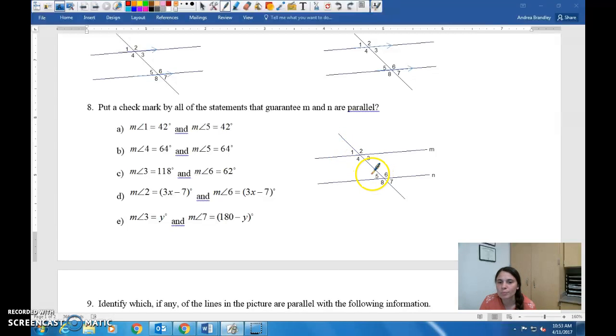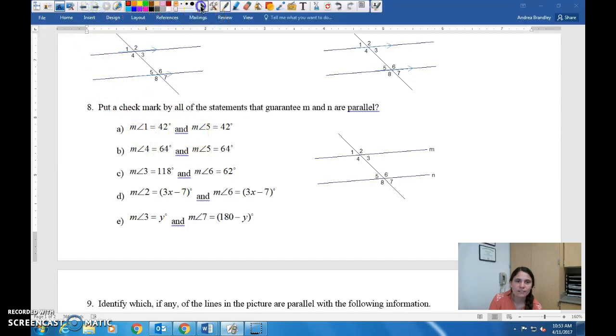Corresponding angles would be congruent if the two lines are parallel, so I would say check, yes. And then I'd look at angle 4 is 64 degrees and angle 5 is 64 degrees, so 4 and 5. Well, 4 and 5 are consecutive angles, not corresponding, so they should add to 180, not be equal to each other, so I wouldn't put a check mark there. So this kind of goes through, and you can put a check mark by the ones that do show they're parallel and not put one by the ones that are not parallel.